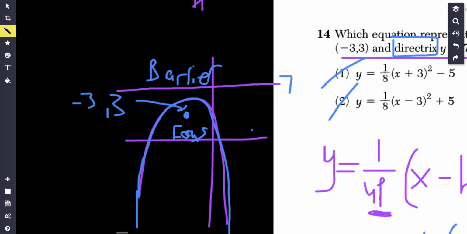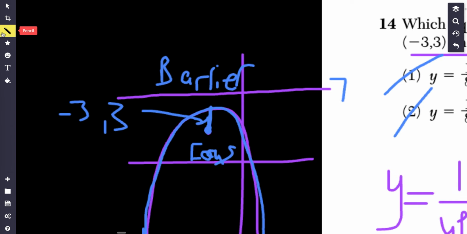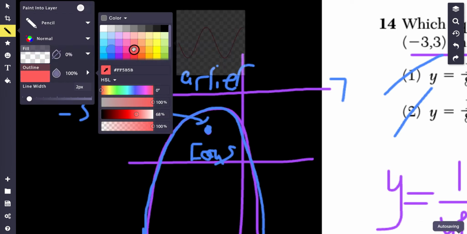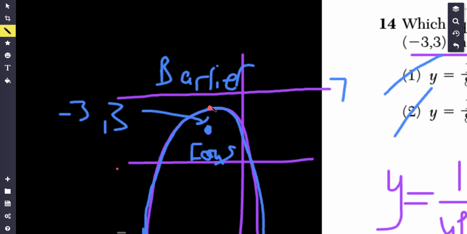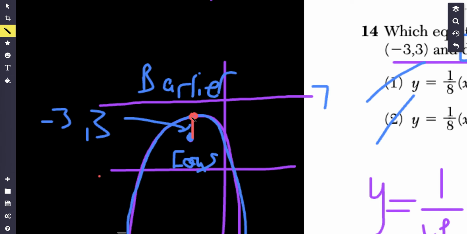Now, how do we find the distance from the focus to the vertex? How do we actually find the vertex of our parabola? Well, it turns out that the focus of our parabola is directly underneath our parabola's vertex.